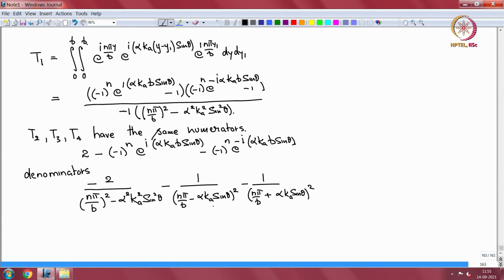Okay, so this is like a plus b squared, a minus b squared, a plus b squared. So it's a square minus b square whole square. So if you now combine this, what do you get?